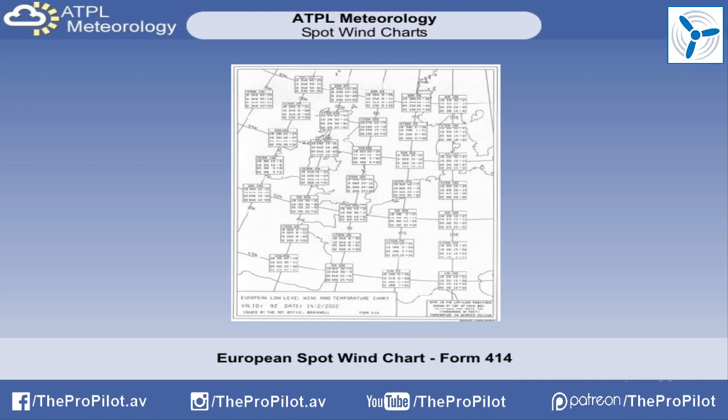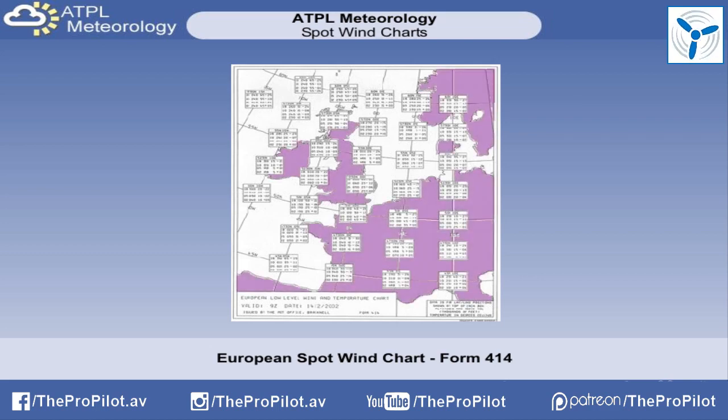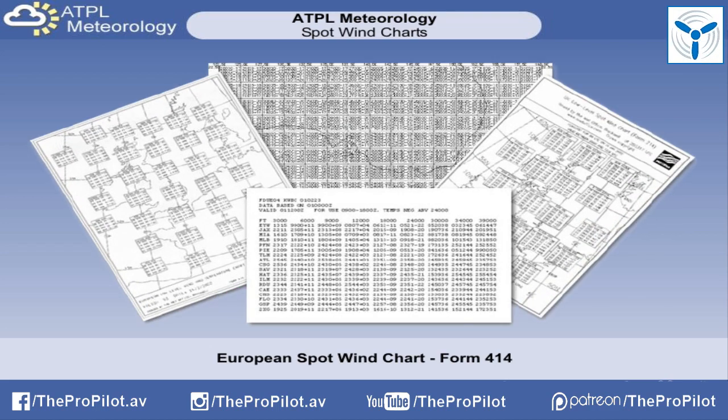The details are exactly the same, but it has an extended coverage over most of Western Europe. Spot wind information from other countries will be presented in slightly different formats, but the decoding is almost the same. Before flying, ensure you are fully conversant with the format used by your country.